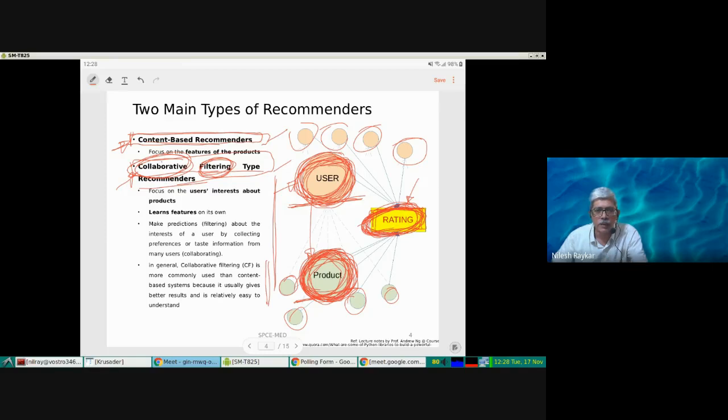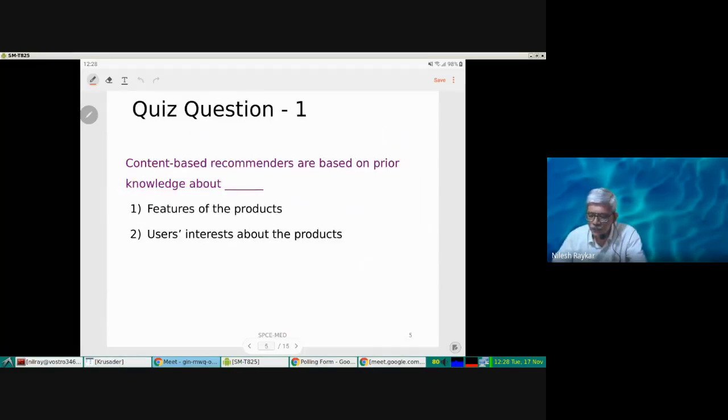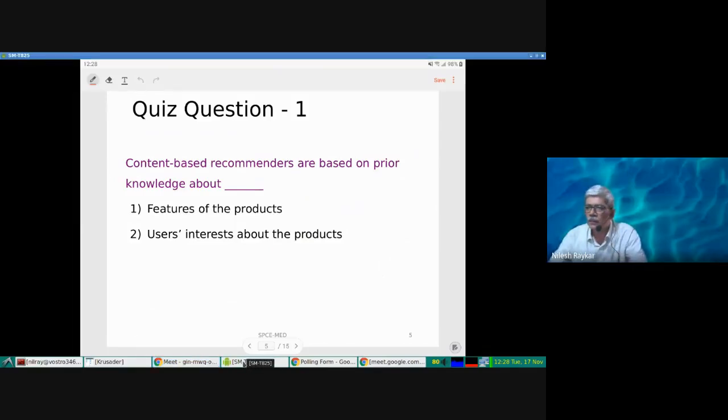So we'll start with content-based recommenders. Okay, before that, a question to test what we talked about till now.